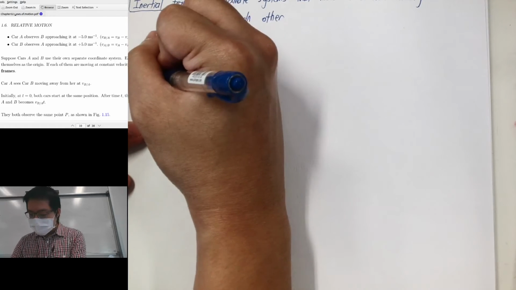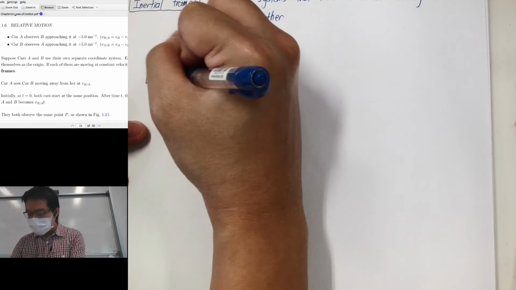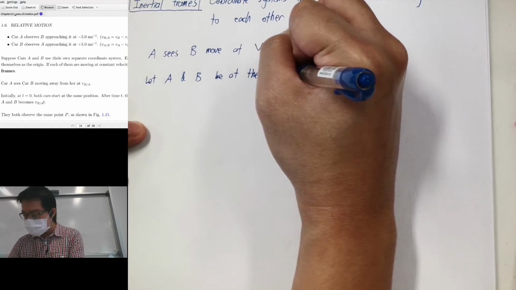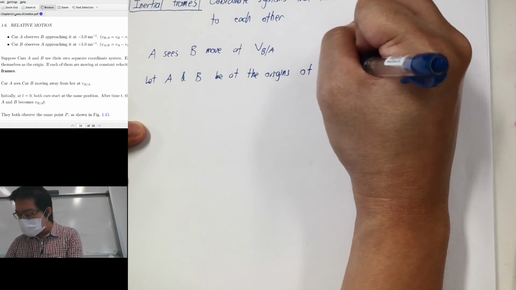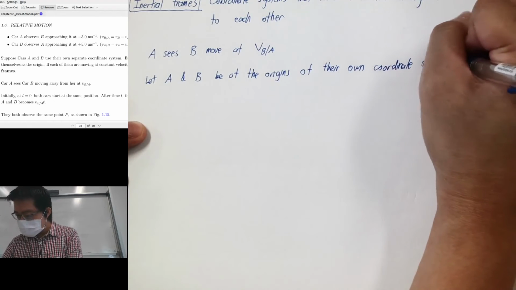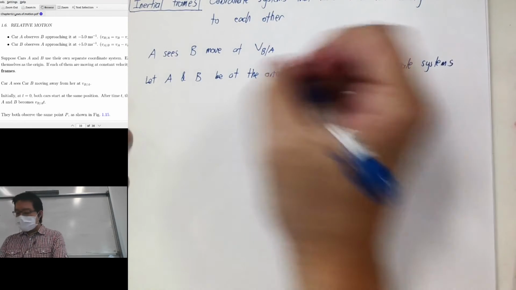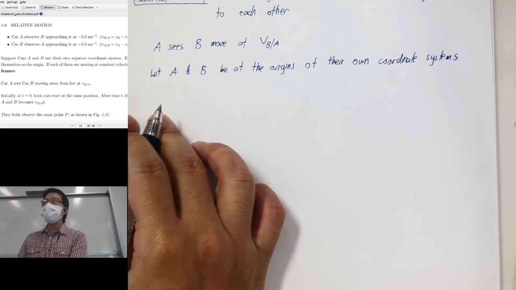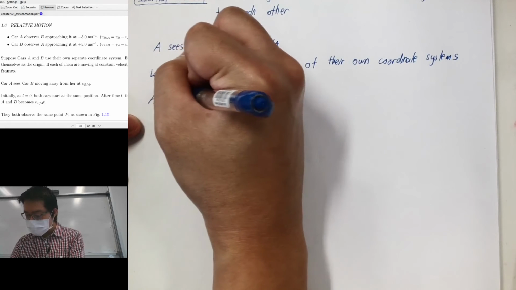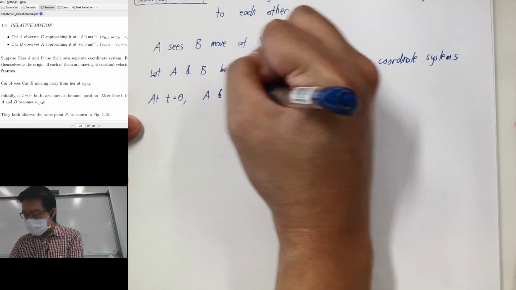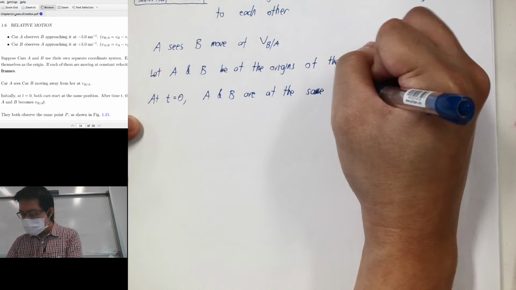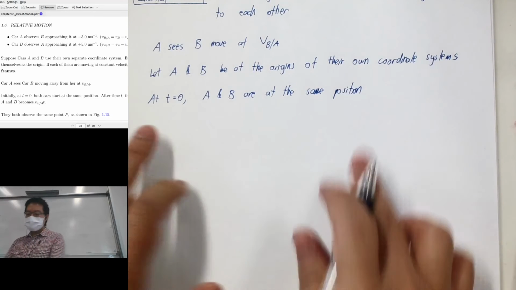Let A and B be at the origins of their own coordinate systems. Also, to make our calculation simpler, at time equals 0, A and B are at the same position.